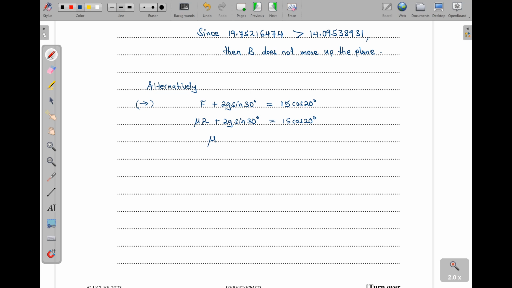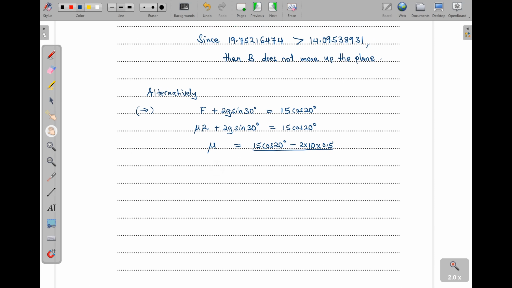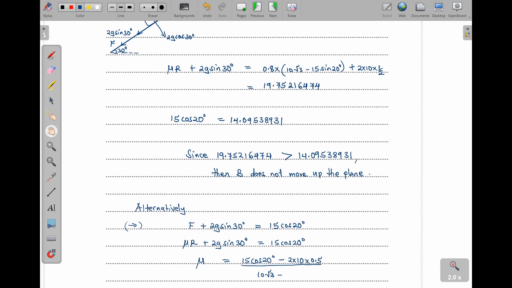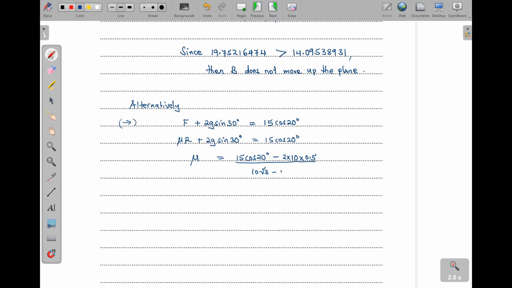So our mu is going to be equal to 15 cos of 20 minus 2 times 10 times 0.5, then we divide by R, which is 10 root 3 minus 15 sine 20.